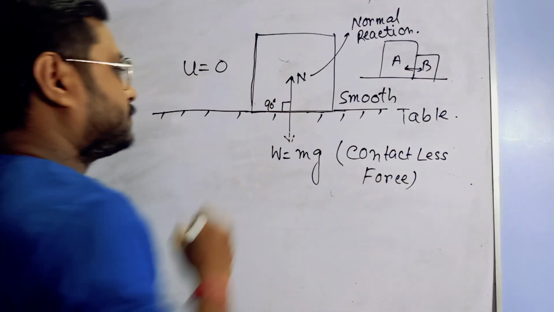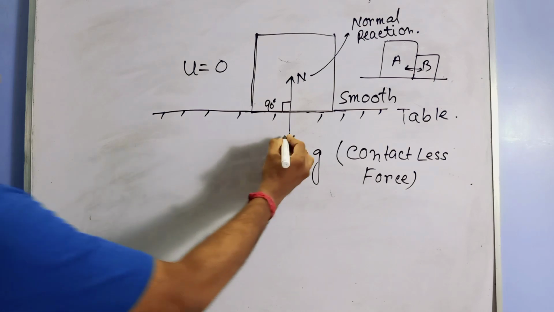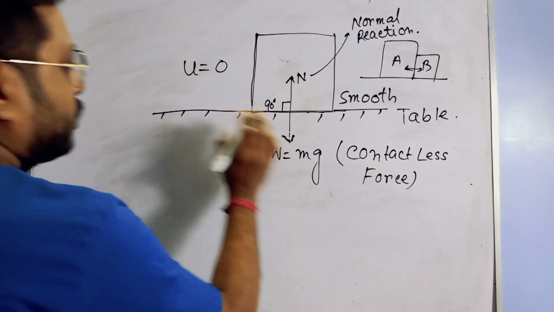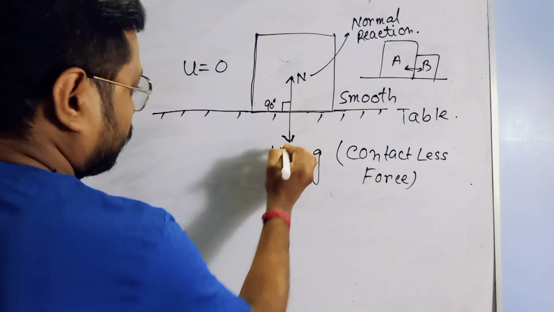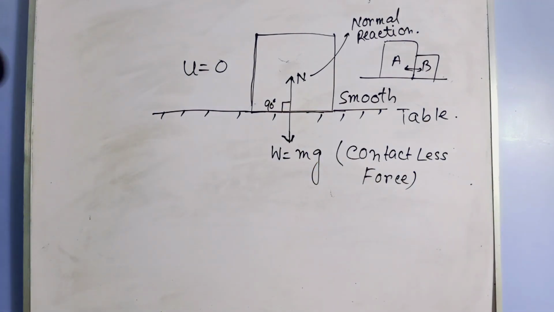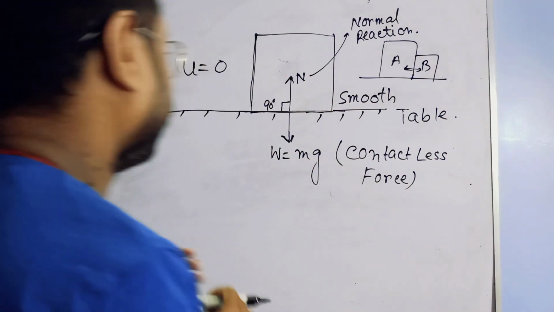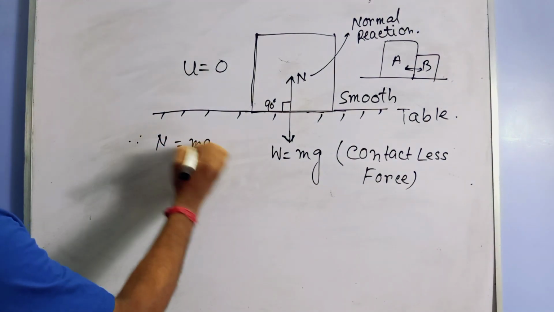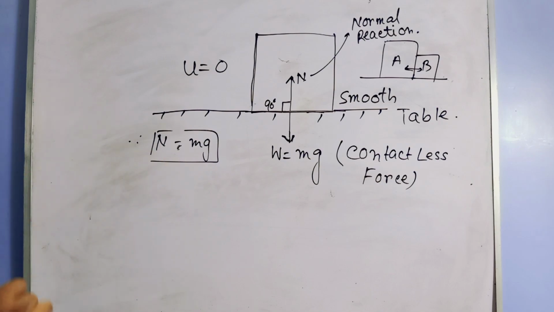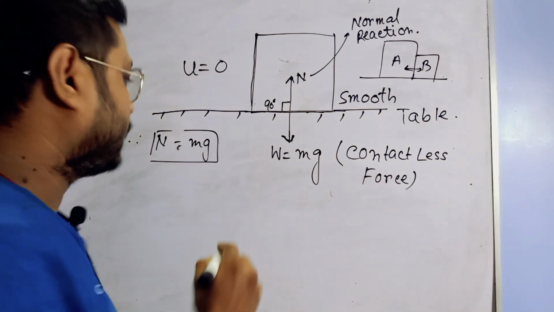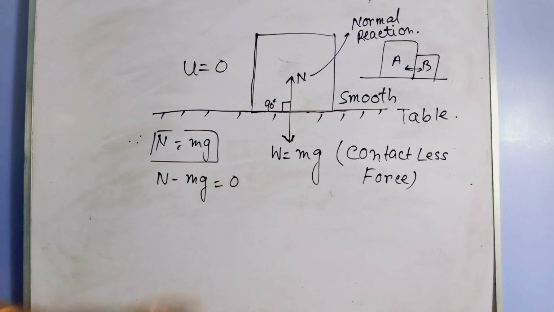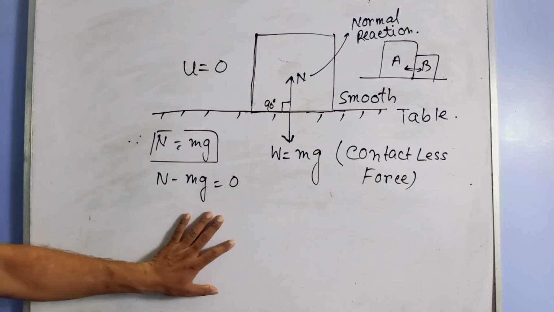Okay, so here as the block is at rest, it is said to be in equilibrium. If the total force on a particle is 0, we say the particle is in equilibrium. So here N must be equal to mg, or N minus mg equals 0. As their directions are opposite, one is plus, one is minus.